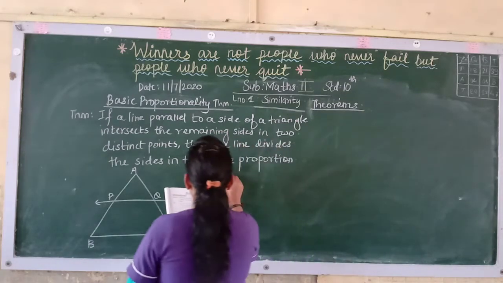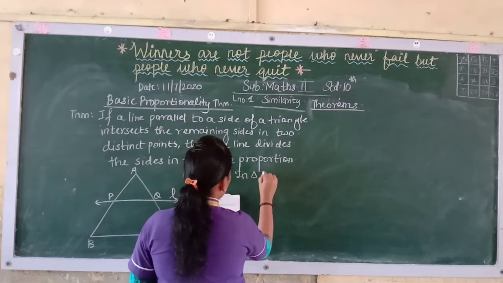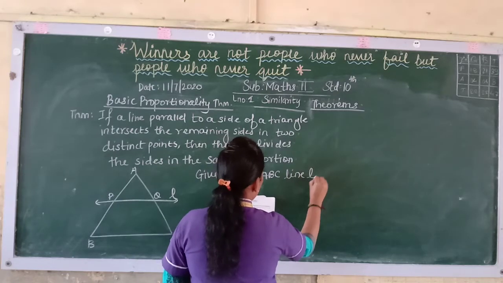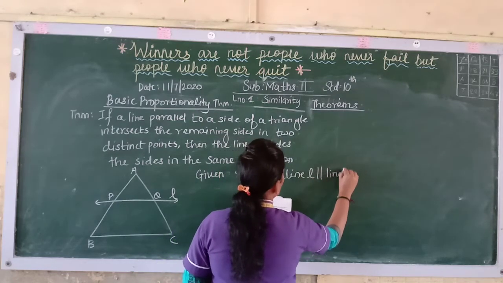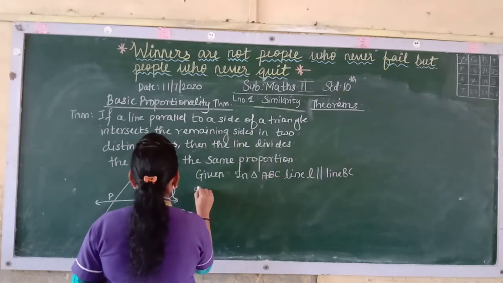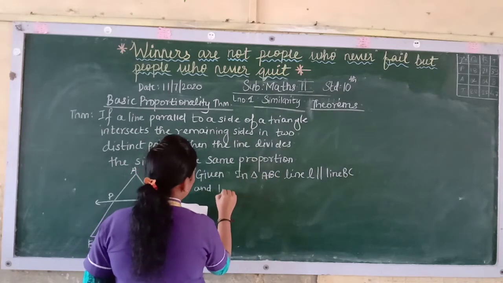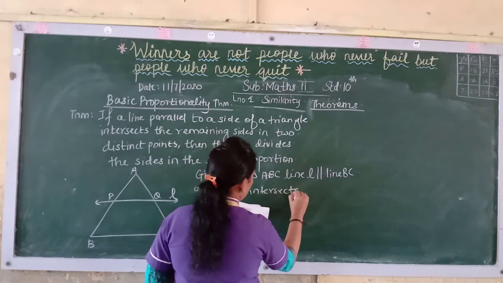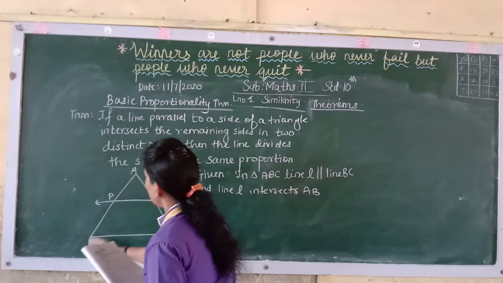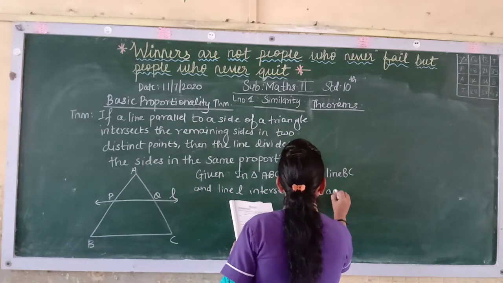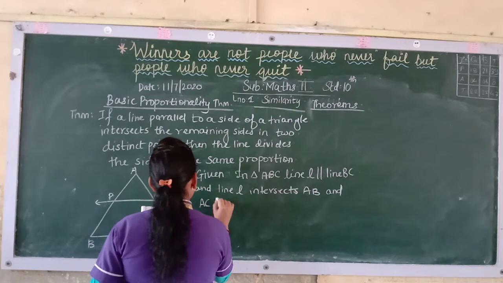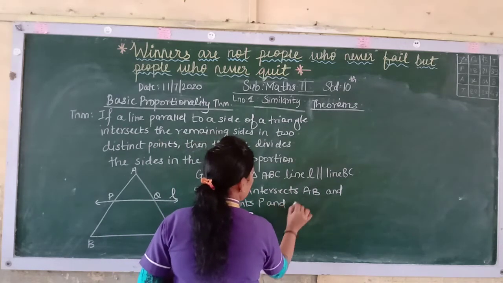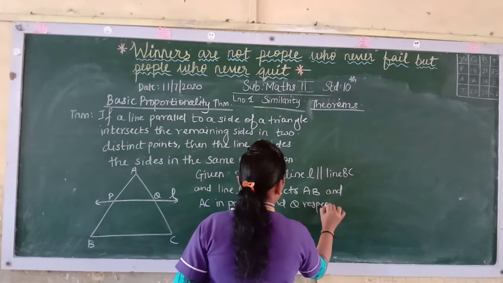So first we will write in given over here: in triangle ABC, line L is parallel to line BC, and line L intersects AB and AC in points P and Q respectively.